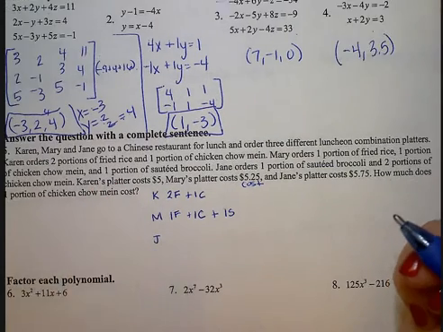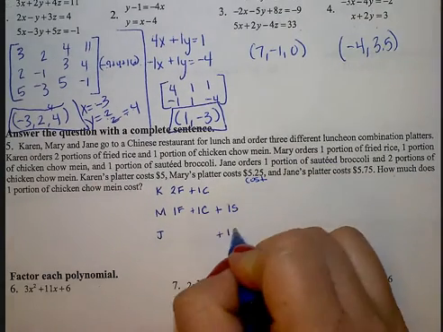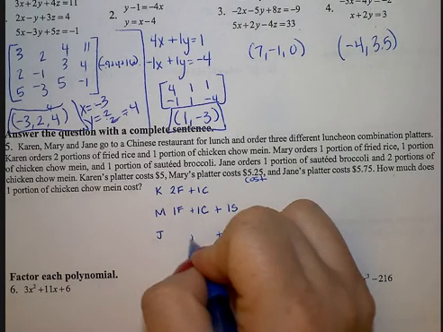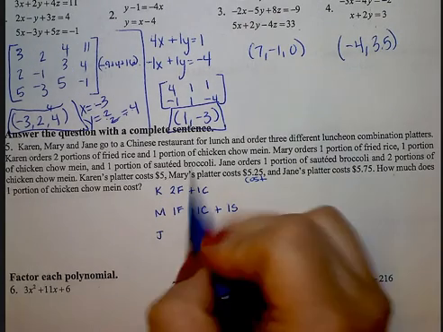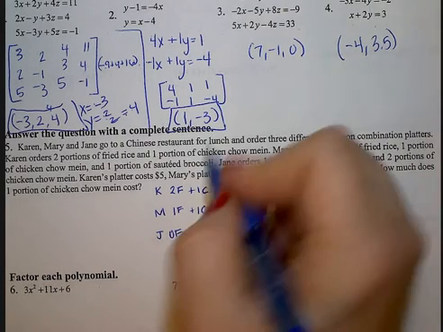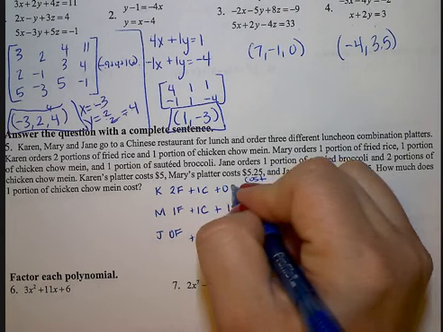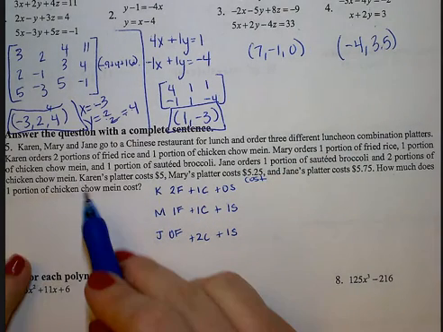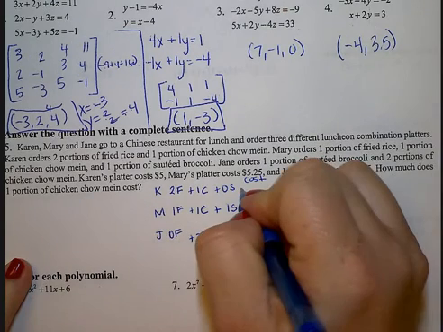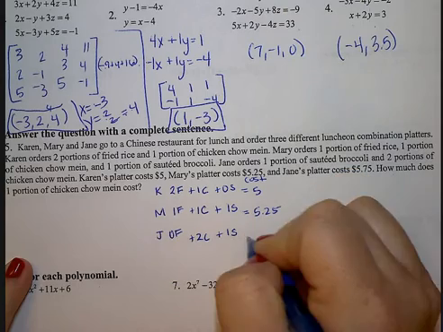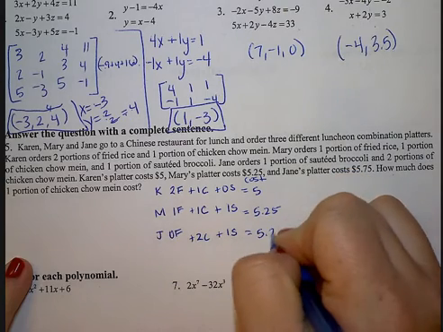Jane orders 1 portion of sauteed broccoli, 2 portions of chicken. Okay, and so Jane ordered 0 fried rice, and Karen ordered 0 sauteed broccoli. Now, how much did the stuff cost? Karen's cost $5, Mary's cost $5.25, and Jane's cost $5.75.